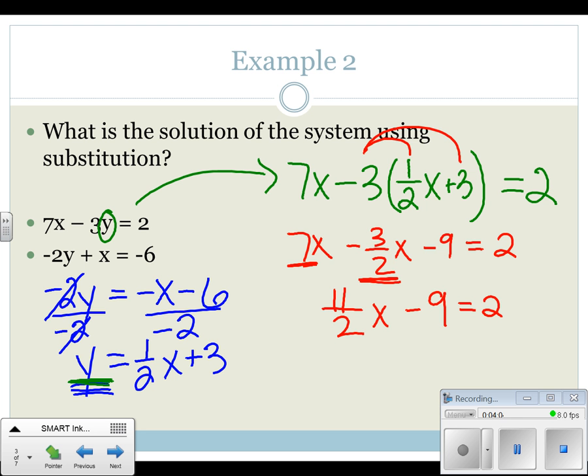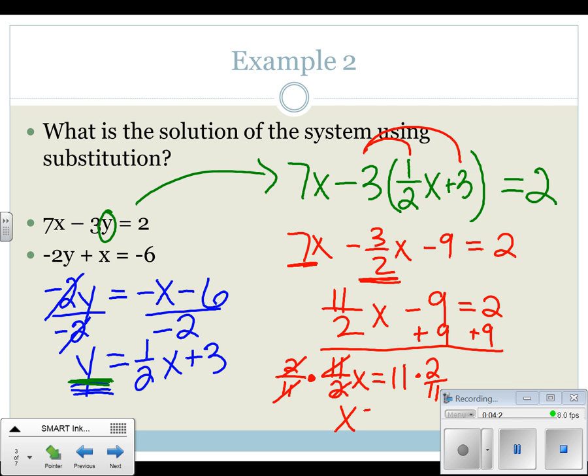And then I'm going to add 9 to both sides. So I have 11/2 x is the same as 11. To get rid of 11/2, I'm going to multiply both sides by the reciprocal. So my x simplifies to 2.